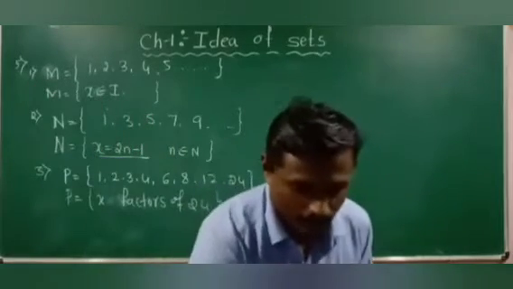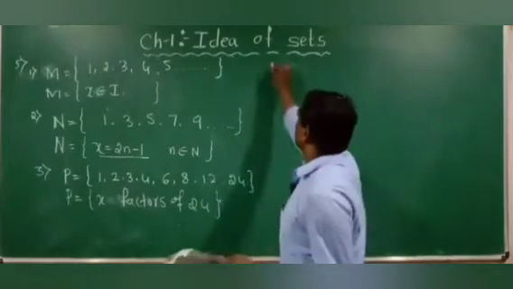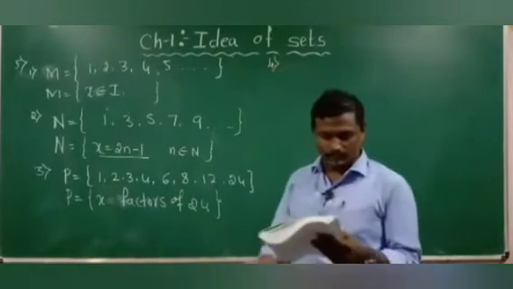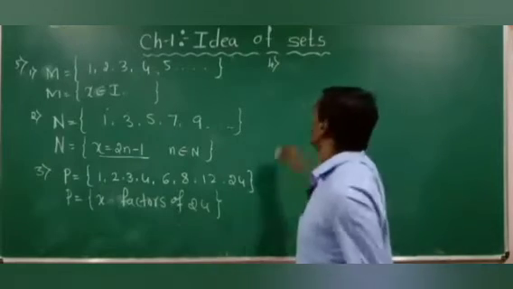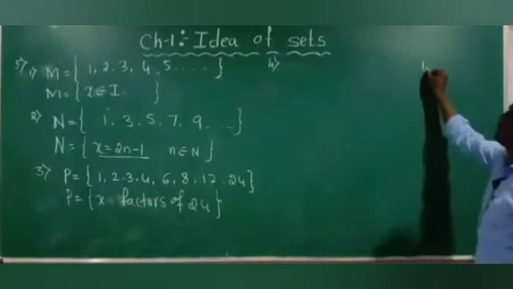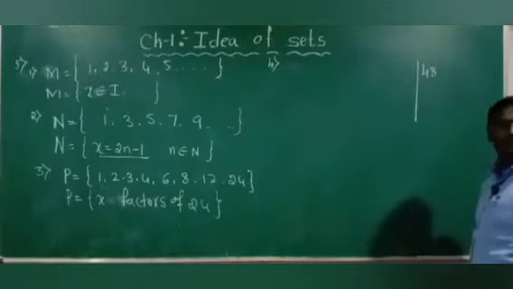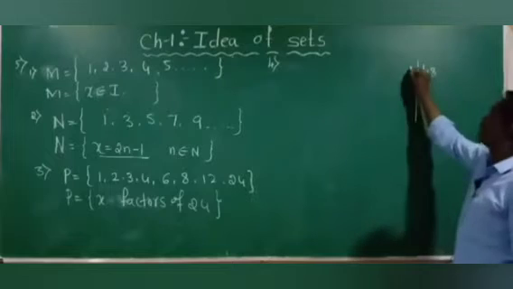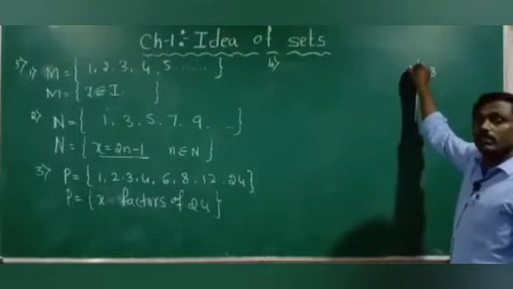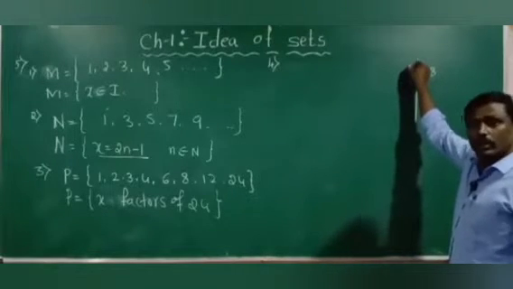Next one, see the next question, fourth one, the set of prime factors of 48. So before writing the elements of the set, we need to prime factorize the given number, that is 48. Prime factorize means dividing the given number by prime numbers only.